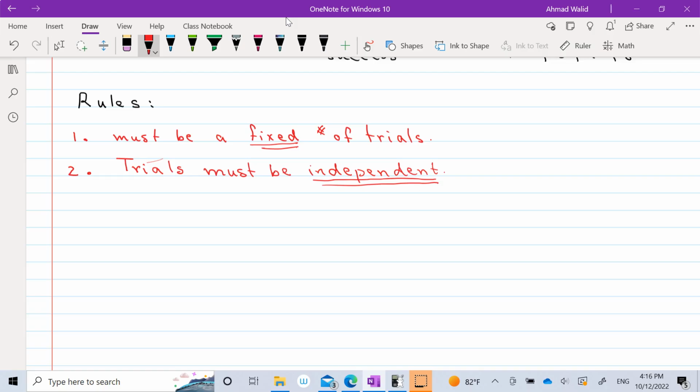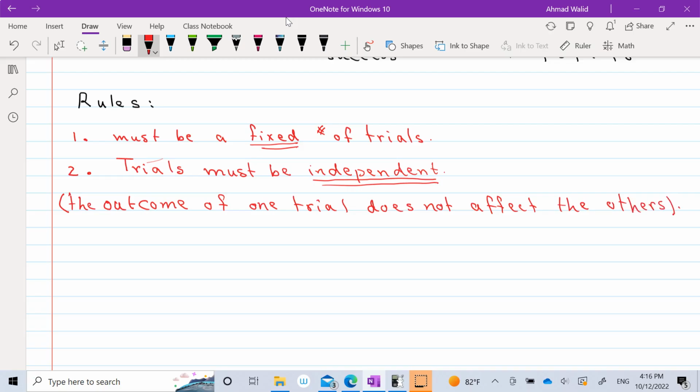It means, if you remember from chapter 3, the outcome of one trial does not affect the others. That's the meaning of independent.